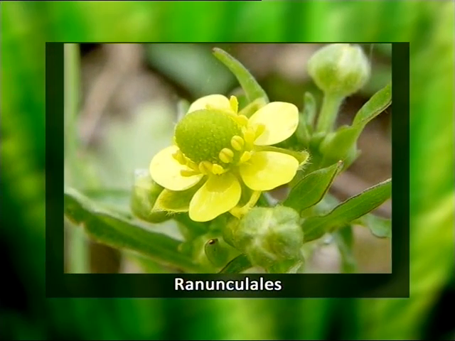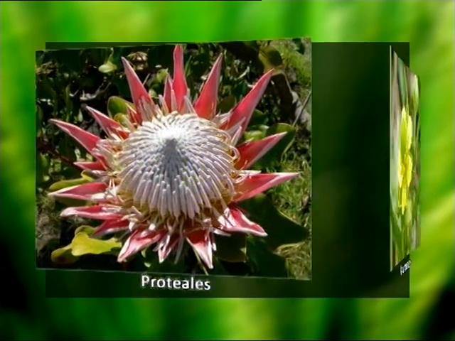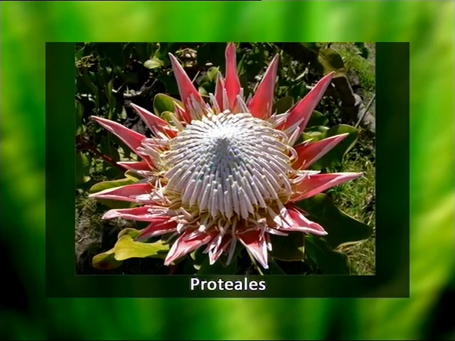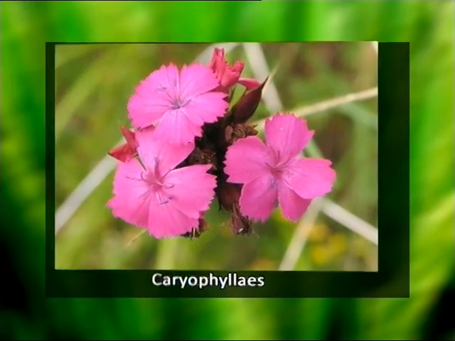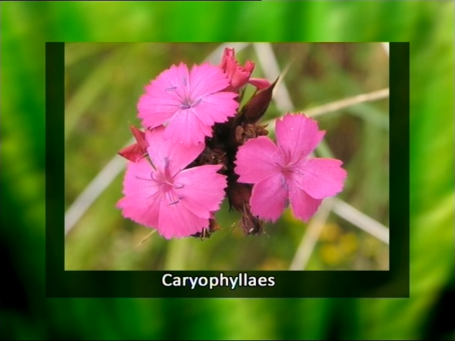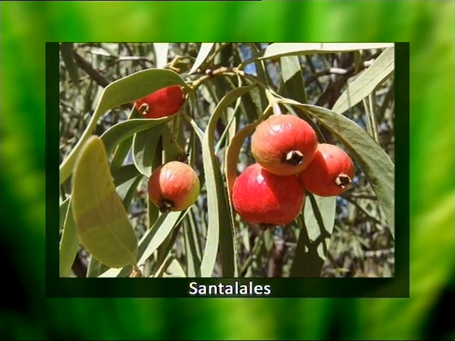The various orders that have been recognized under the eudicots include, starting with ranunculales, then we have proteales, a group of plants which is mostly restricted to South Africa. Then we have caryophyllales, a large group of plants, followed by santalales.